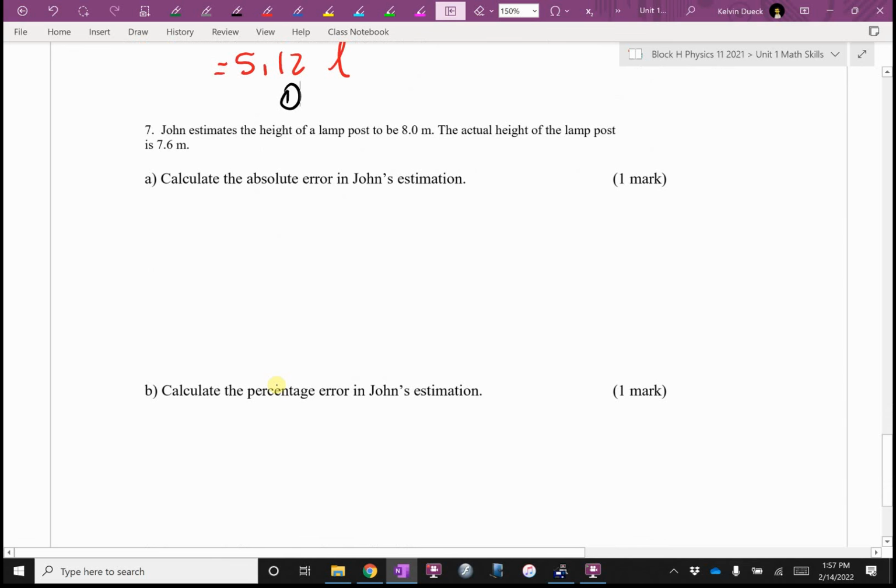Number 7, John estimates the height of a lamppost to be 8 meters. The actual height is 7.6. Calculate the absolute error. So you can either go 7.6 minus 8, or you can go 8 minus 7.6, but it's the positive answer. So I usually just go bigger minus smaller. Absolute error is 0.4 meters.